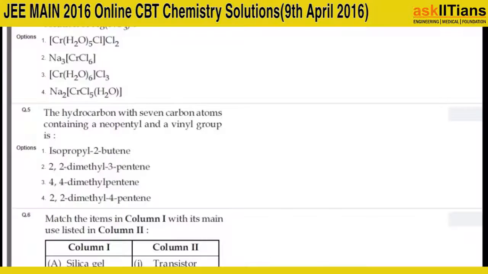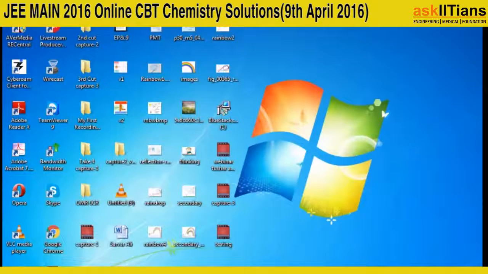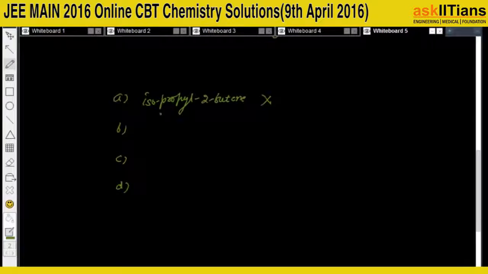The options that are there are isopropyl 2-butene, which was not the correct answer. Then we have 2,2-dimethyl 3-pentene. This is a wrong option.